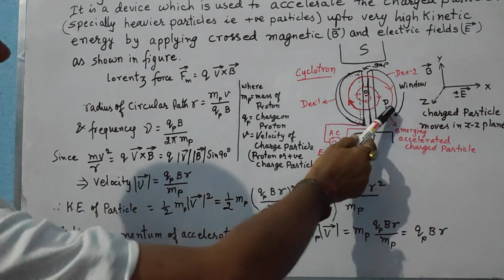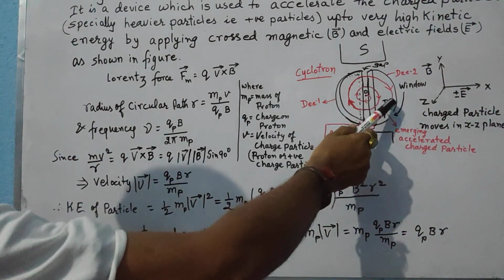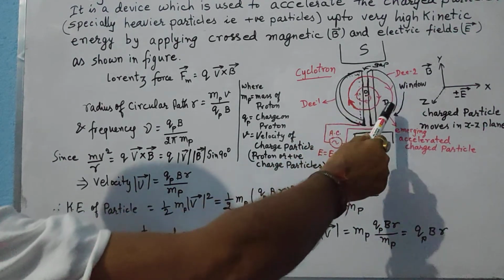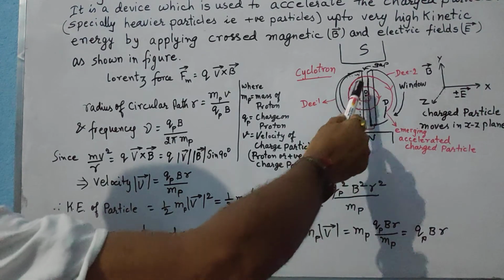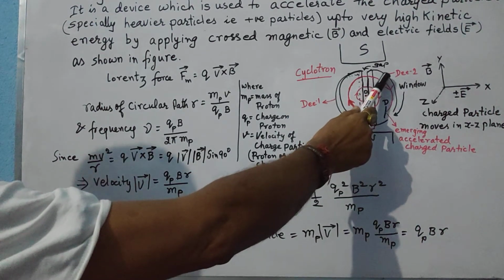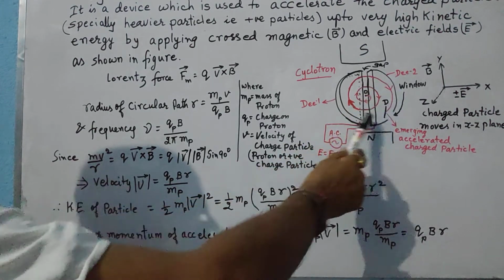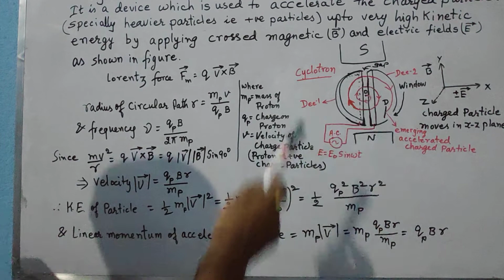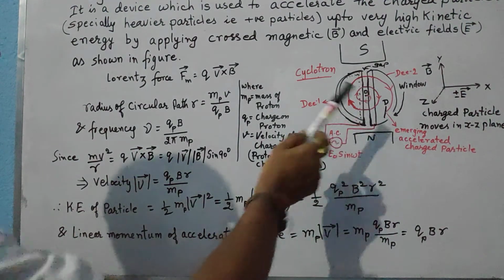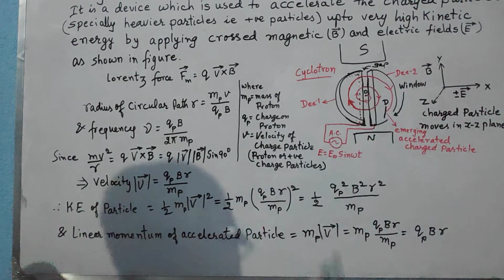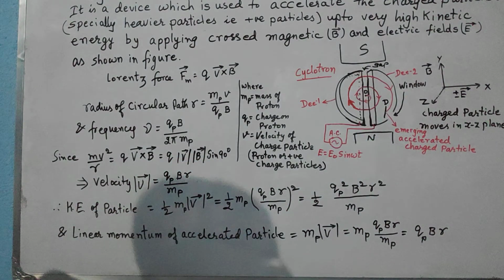Here you see how we eject the charged particle from the cyclotron. Once the radius of the accelerating charged particle becomes comparable to the radius of the cyclotron, we can no longer accelerate it, otherwise it will collide with the wall of the cyclotron and the charge will be lost.